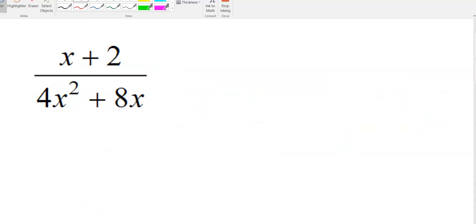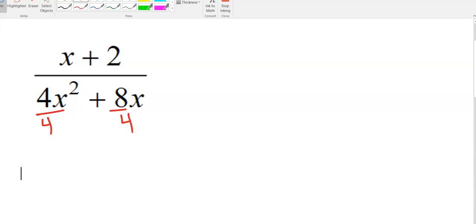All right, now here's kind of a little different example where I always look at all the terms here. They don't all have something in common. Nothing goes into all 4 of those terms. But if I look down here in the denominator, I can see that 4x squared and 8x actually have something in common. Something goes into both of those two terms. In this case, they both have a 4.